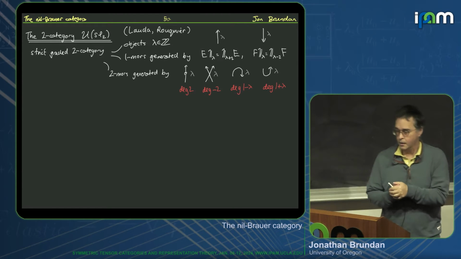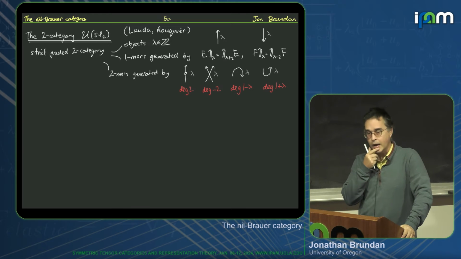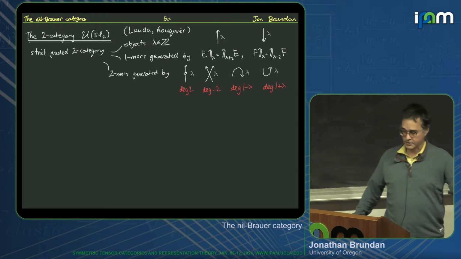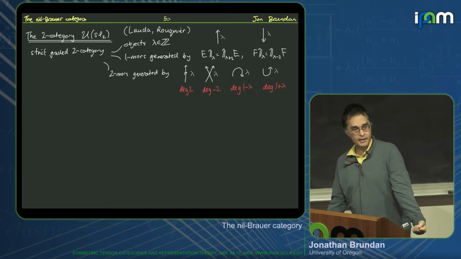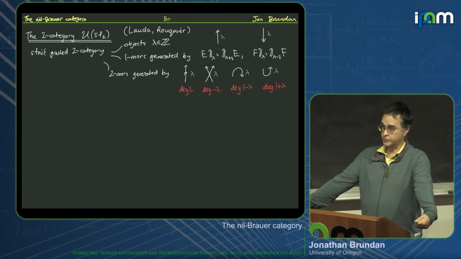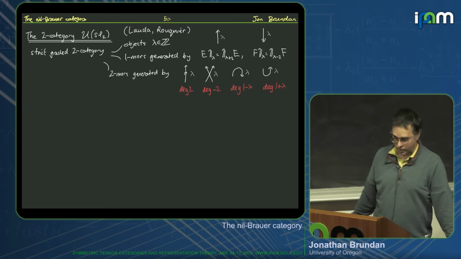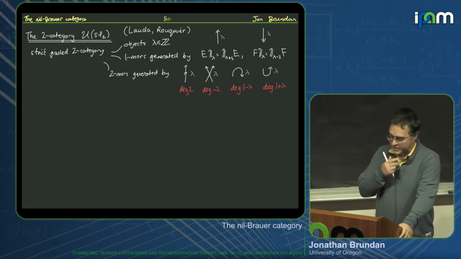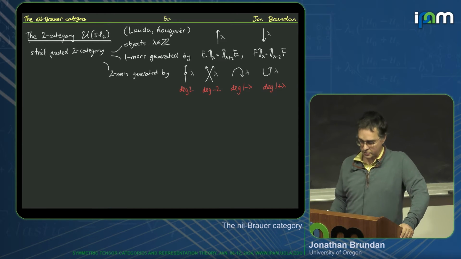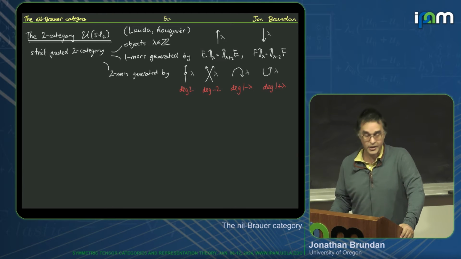And so I've written Lauda and Rouquier down there. So Aaron Lauda came at this really from exactly the perspective that is relevant for this talk, and Raphael independently reached this definition of this 2-category. So this is a strict graded 2-category.